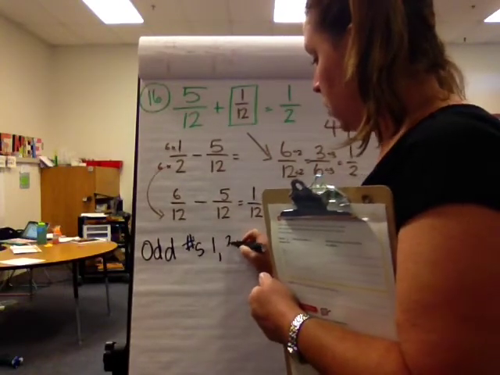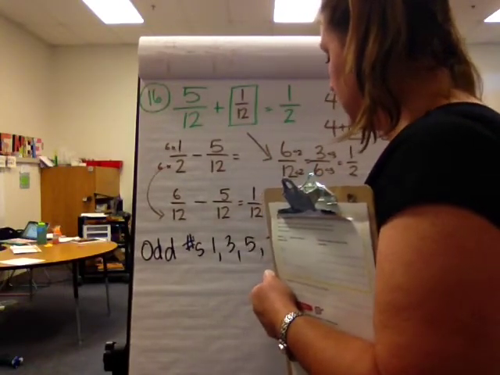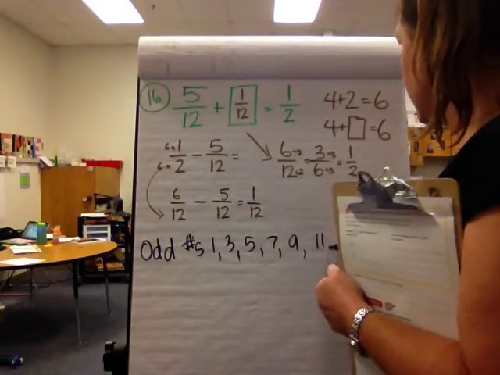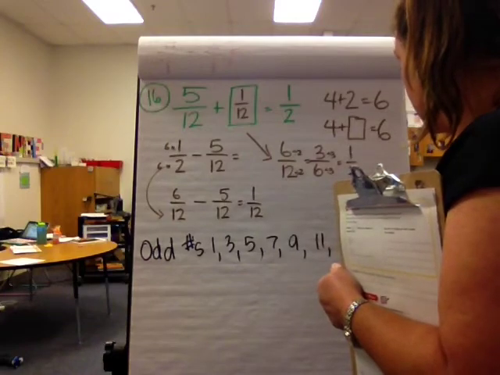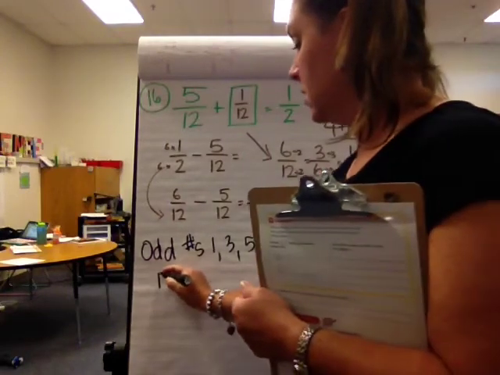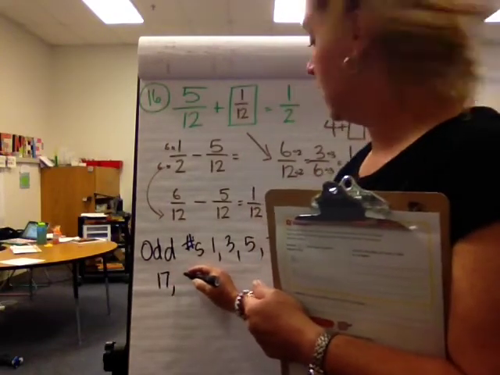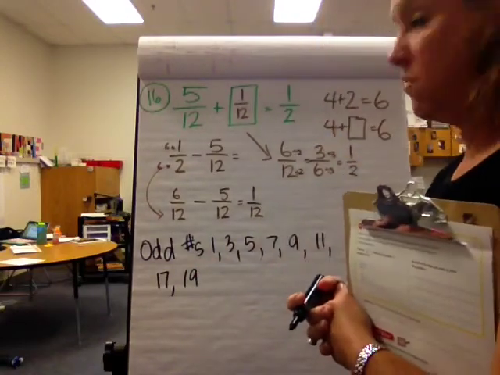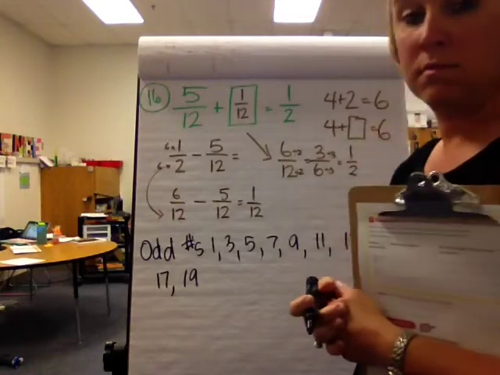So 1, 3, 5, 7, 9, 11, 13, 15, 17, 19, okay, on your first page, okay?